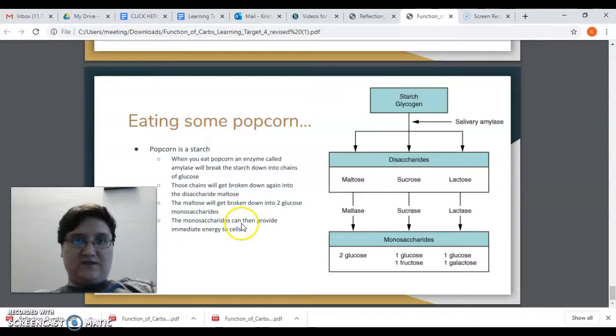And then the monosaccharides again can help get your ATP going and give you some energy. I like this graphic over here because you go from starch, and then it shows you the three disaccharides, right? And then it shows you the three enzymes that are needed to break down each of these three disaccharides, which I think is cool.